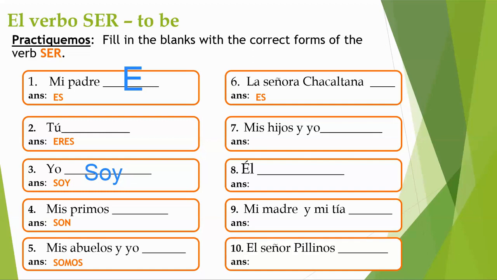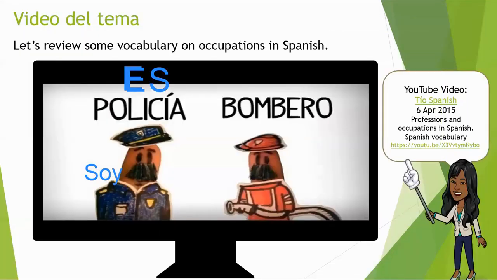So mi madre y mi tía, I'm talking about them, they, so that would be ellas. El señor Pelinos, if I'm not sure, I know that's he, es. And that's how you do that. If you run into any problems, just substitute the nouns in the sentence for a pronoun that would fit.